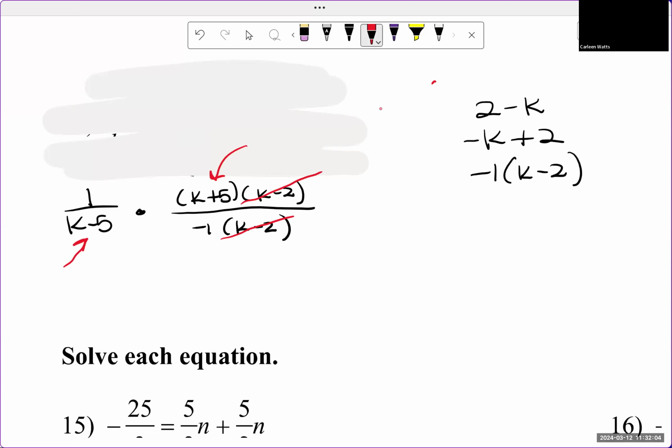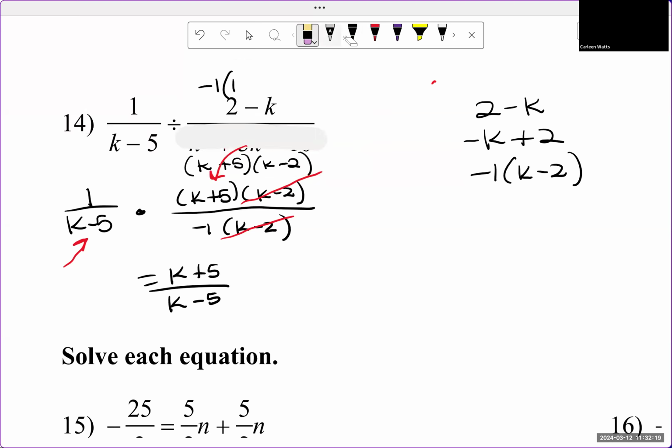There's nothing you can do to fix it because I have plus, plus and I have minus. No, there's nothing you could do. So I have k plus 5 over k minus 5. So big question is, can I cancel? Wow, that is permanently whited out. Anyway, can I cancel the k's? No, they are BFFs, and the 5s, BFFs.